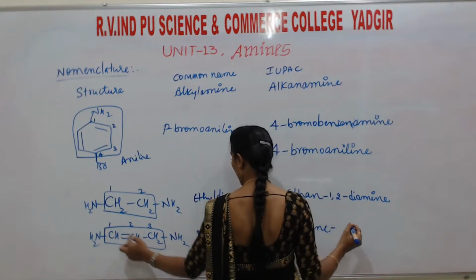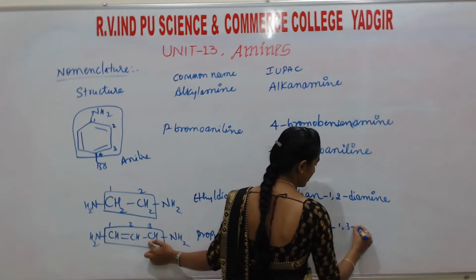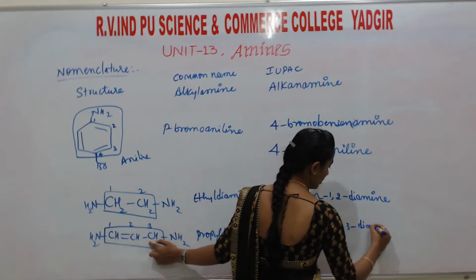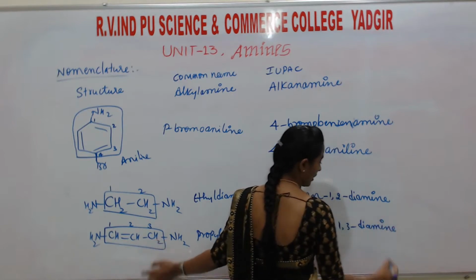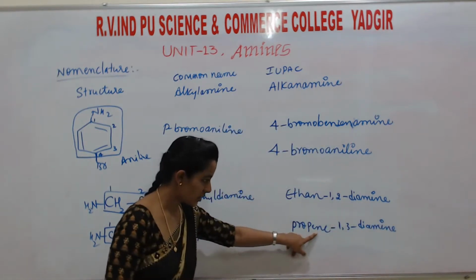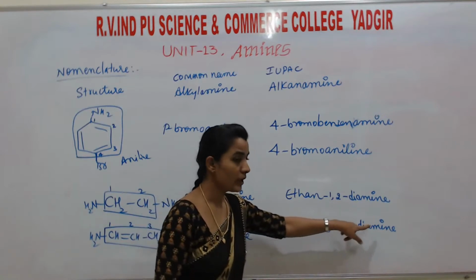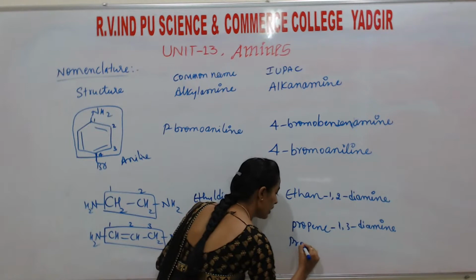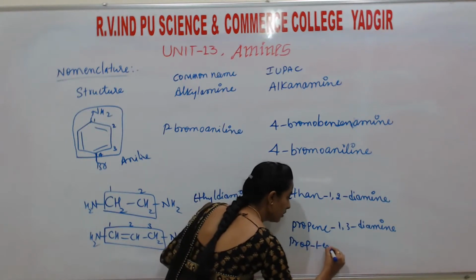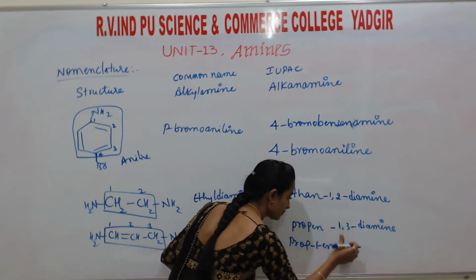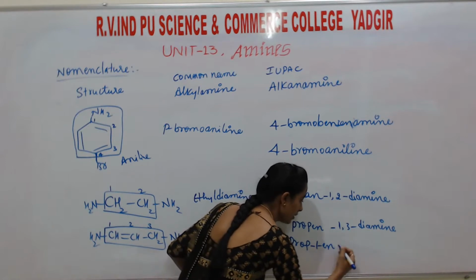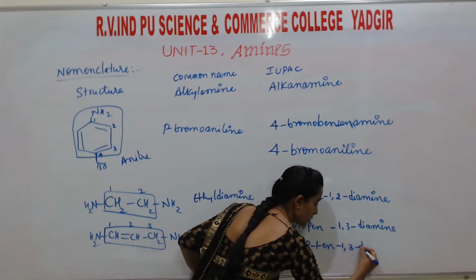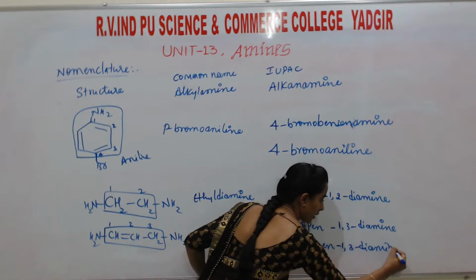Which position? 1 and 3. 1,3-diamine. Okay, here the parent chain is prop-1-ene-1,3-diamine. If you want the position of this double bond also, you may write prop-1-ene. The last E is replaced by diamine. The position is 1,3-diamine.